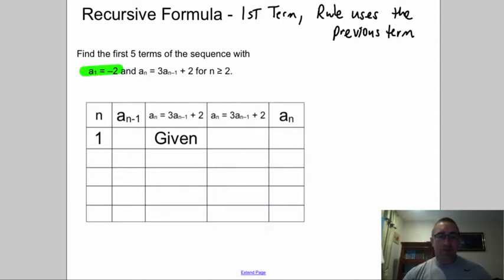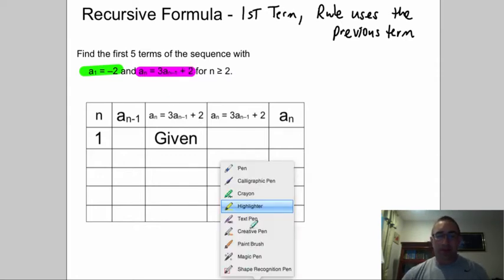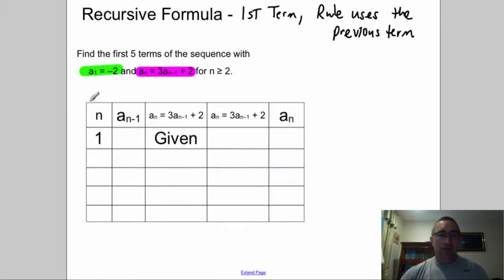There's the first term, and here's the rule that involves the previous term. So first term, n equals 1, is given to us. That's negative 2.